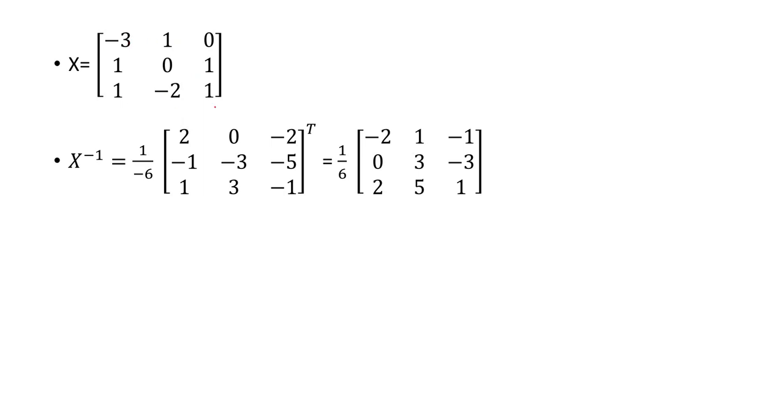For minus 3, the cofactor is 2, then 0, minus 2, minus 1, minus 3, minus 5, 1, 3, minus 1 transpose. That is 1 by 6 into minus 2, 0, 2, 1, 3, 5, 1, minus 1, minus 3, which is the inverse of this matrix X.